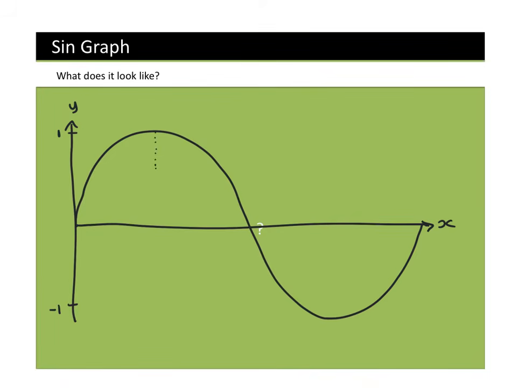Okay, here, which is going to be completely symmetrical, the midway point, this is at 90 degrees. This is 180 degrees. This is 270 degrees and 360 degrees. Okay, this is one period.